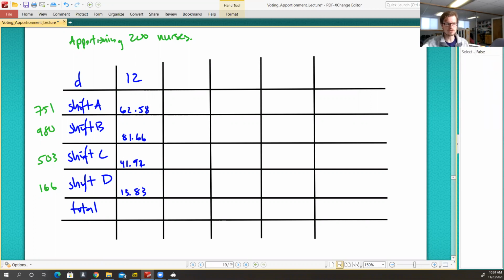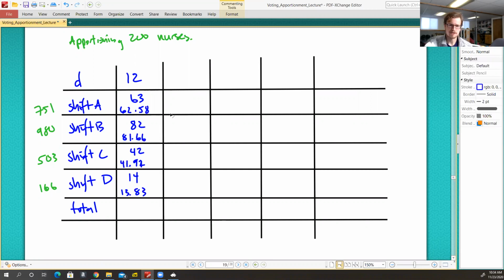Here in Webster's method, we're interested in rounding to the nearest integer. So having a decimal place of 0.58, we would round up, so that would be 63. Having a decimal place of 0.66, we would round up to 82. Having a decimal place of 0.92, we would round up to 42. And having a decimal place of 0.83, we would round up to 14.